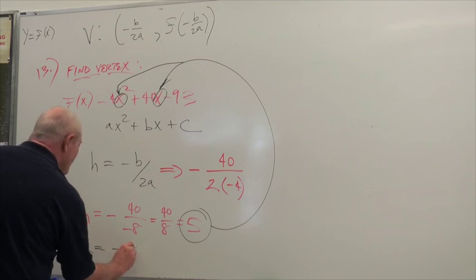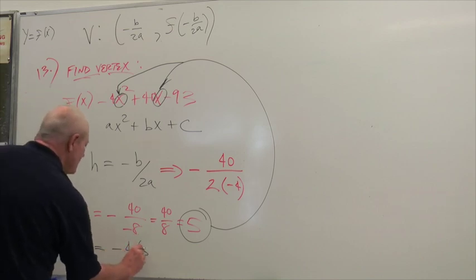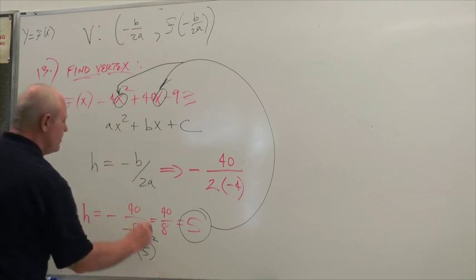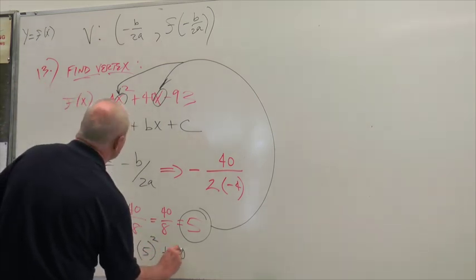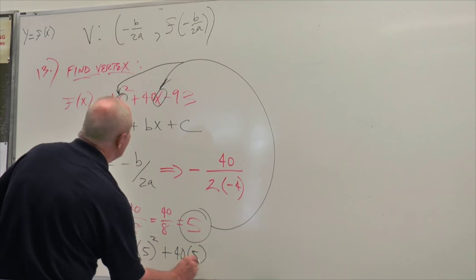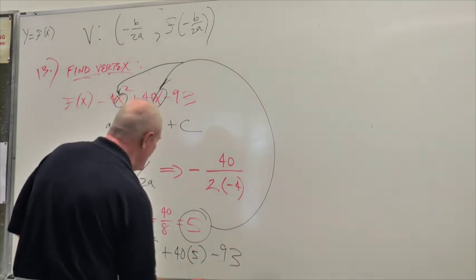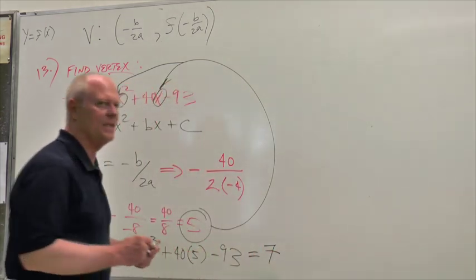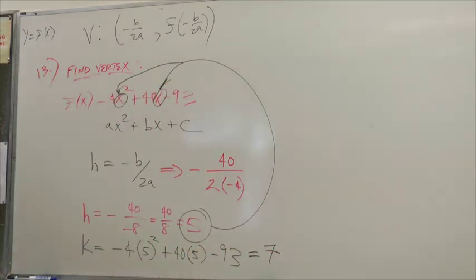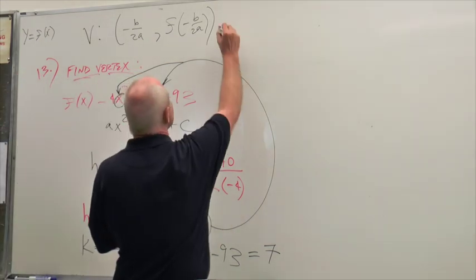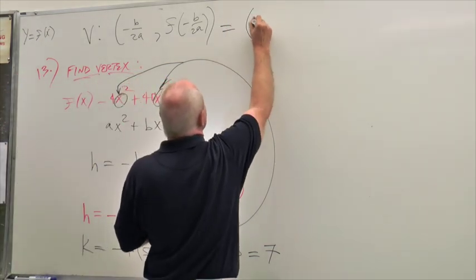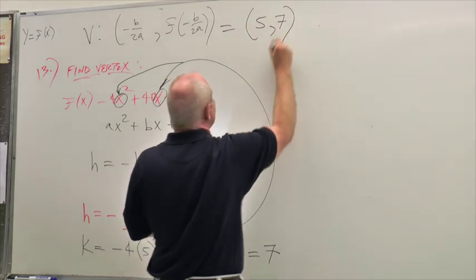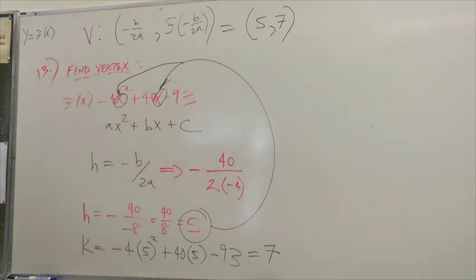Negative 4, what am I plugging in? 5, squared, plus 40 times 5 minus 93. If you evaluate all this, you will end up with the number 7, I believe. Okay. So what is the vertex? 5, 7, isn't it? Yes?